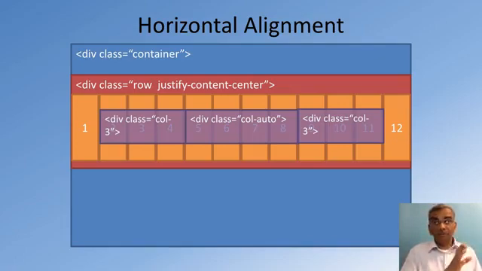So now you have 4 columns being used by the center div, 3 columns by the left, and 3 columns by the right. So in total, you have 10 columns, and 2 columns are left empty. Now, if you specify for the row justify-content-center, then the entire content in this row will be centered horizontally with respect to the row. You can also have the content left justified, right justified, and a couple of other options. Details are in Bootstrap's documentation.